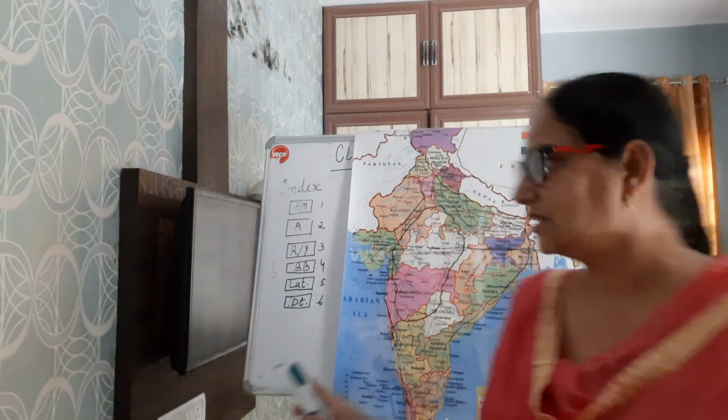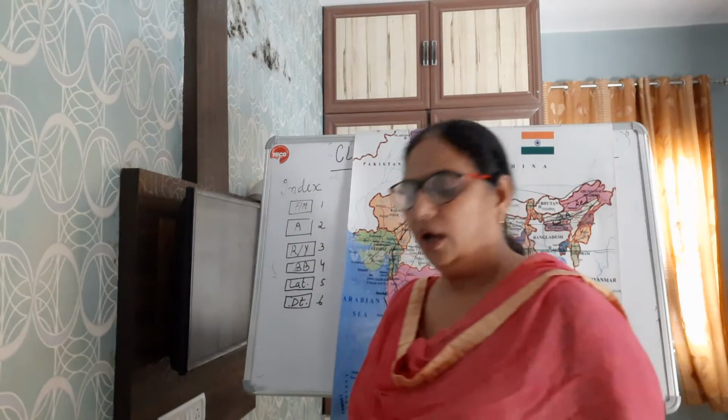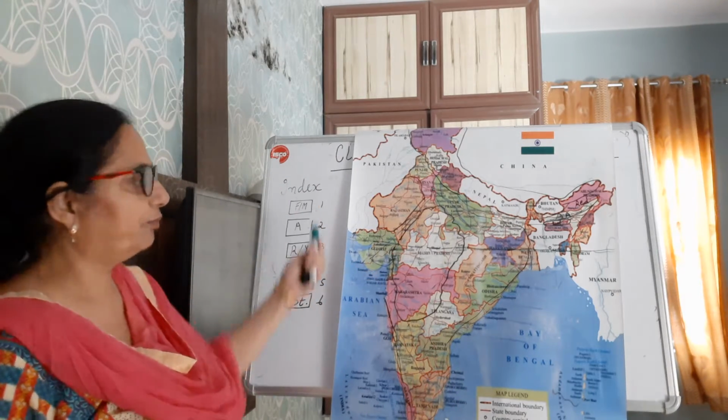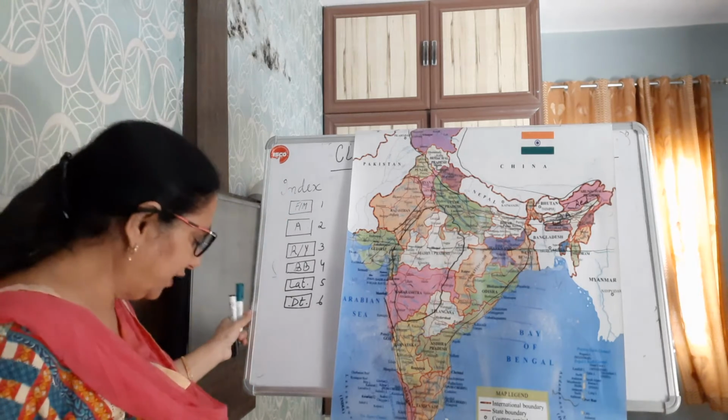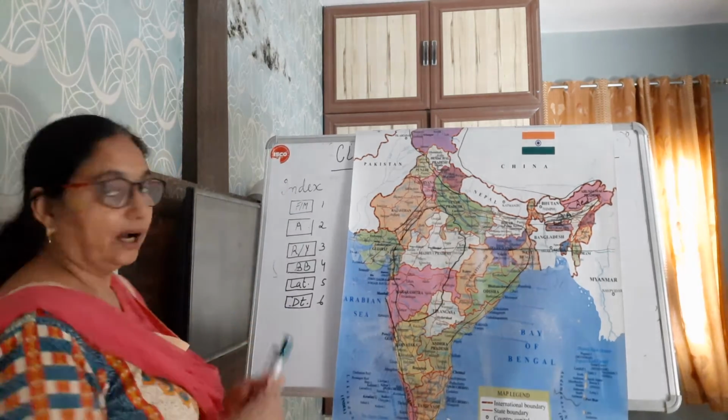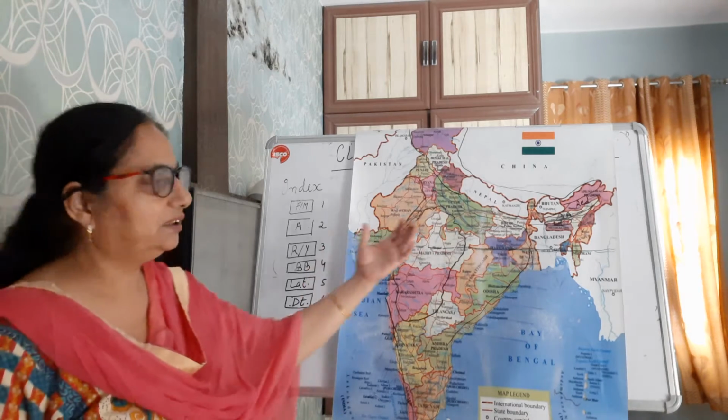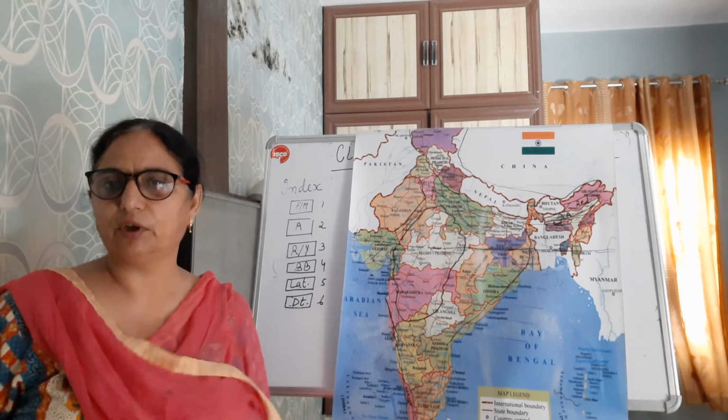Before I go for classification, I will tell you how to make identification on maps. Very first, you have to set up the index: how many things you are going to show on your map.